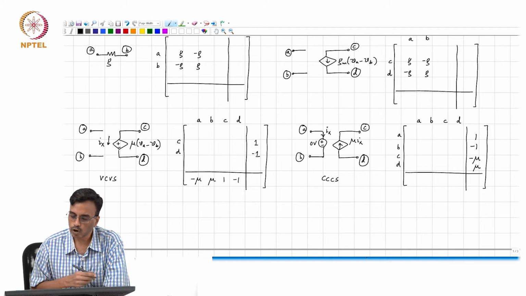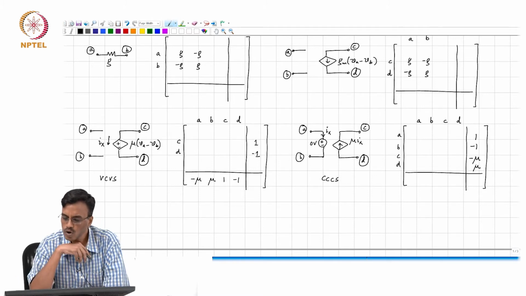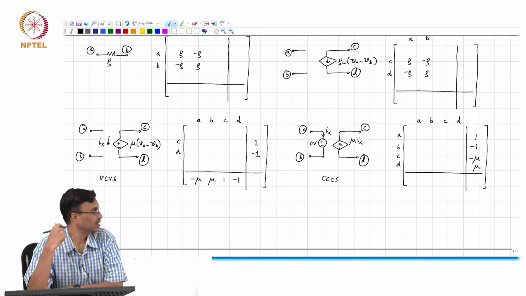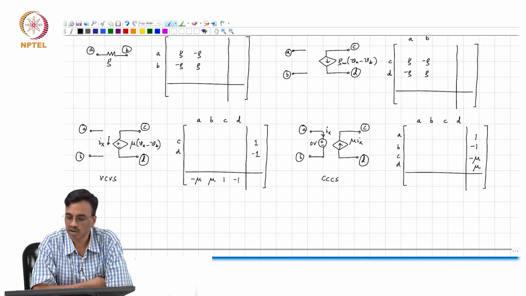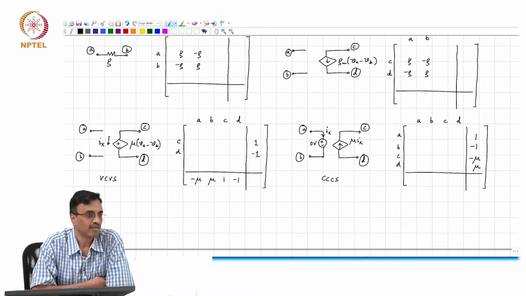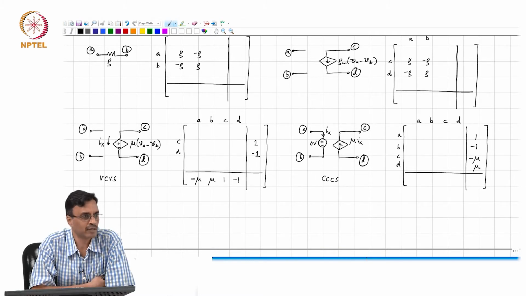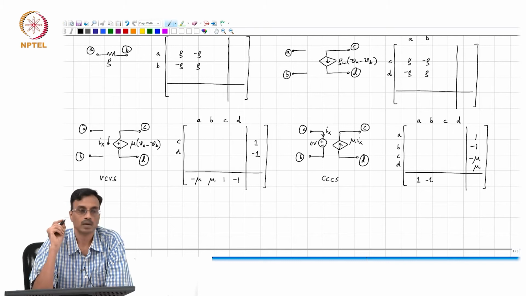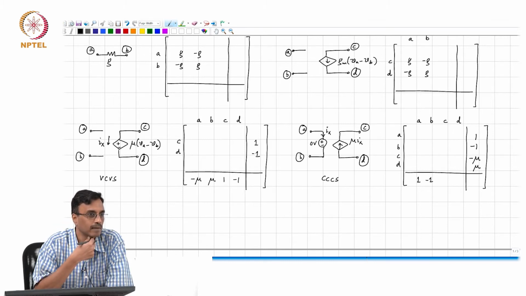And what comment can you make about the last row? The extra equation that we get relates the voltage source: VA equals VB, or VA minus VB equals 0. So, you must get 1 and minus 1. Does this make sense?